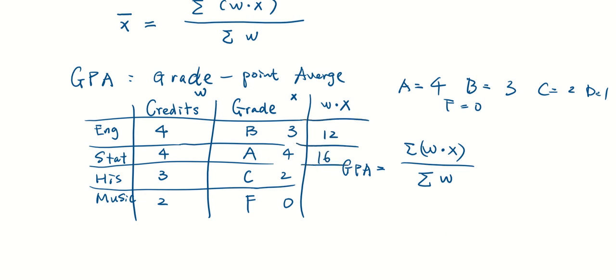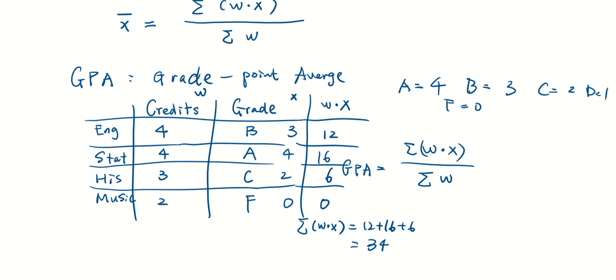Here is 16. Here is 6, and this is 0, right? That's W times X. And if you add them up, that will be 12 plus 16 plus 6 plus 0. That is 28 plus 6, 34.